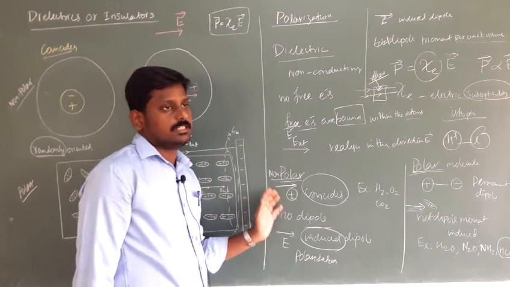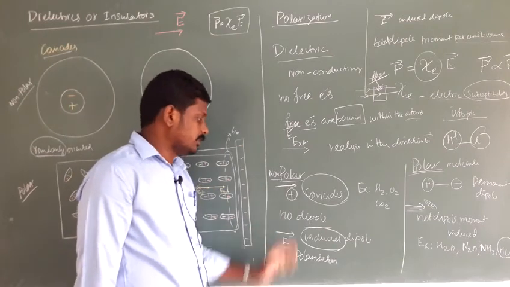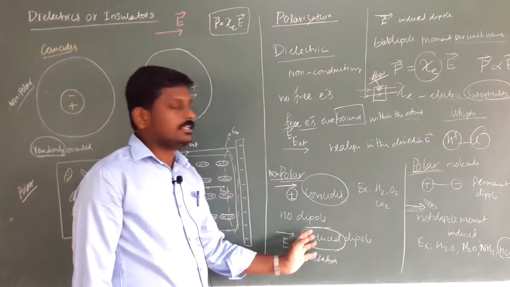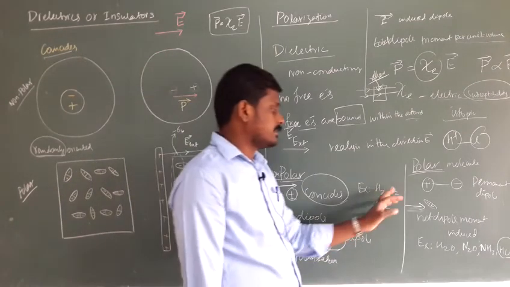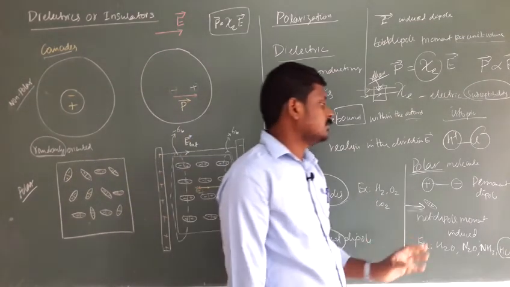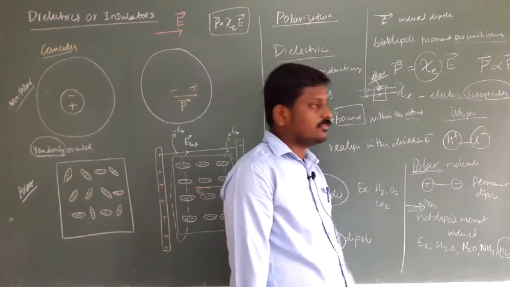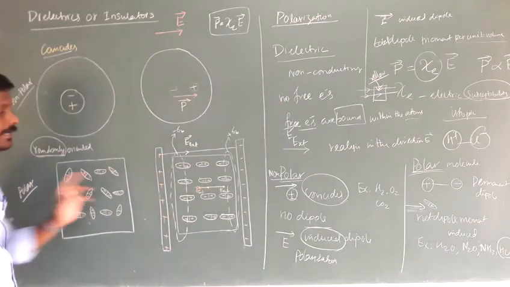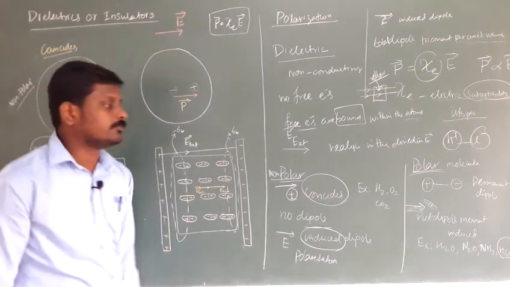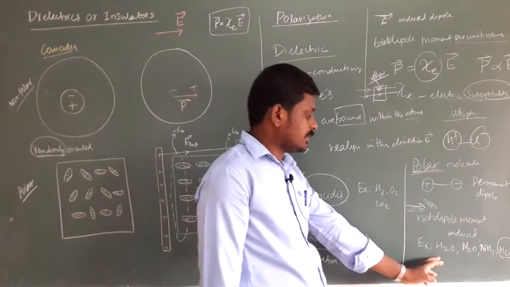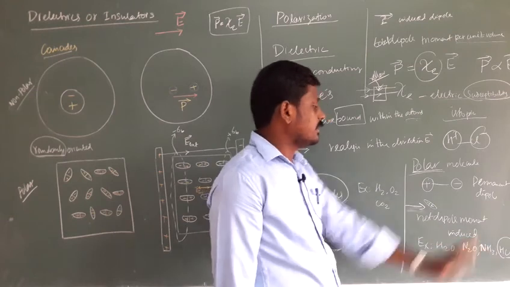Non-polar means positive and negative charges coincide, and if you apply an electric field, there is an induced dipole moment. Examples: hydrogen, oxygen, carbon dioxide. If it is polar, it has a permanent dipole moment, and by applying an electric field, the dipoles align themselves in the direction of the field. Examples: water, H2O, N2O, NH3 and HCl.